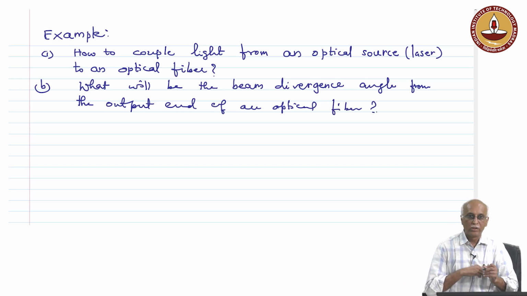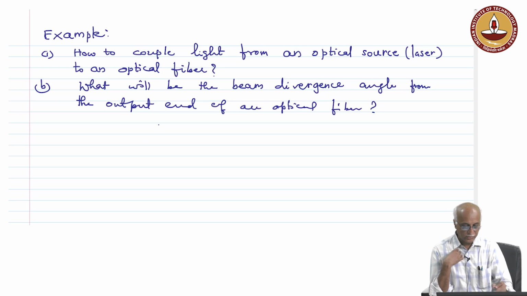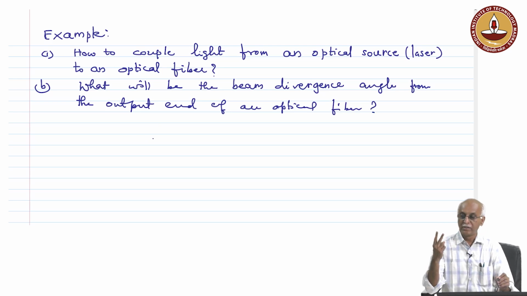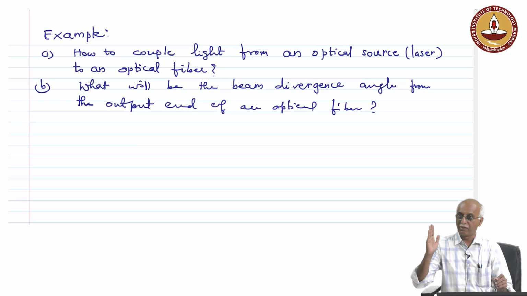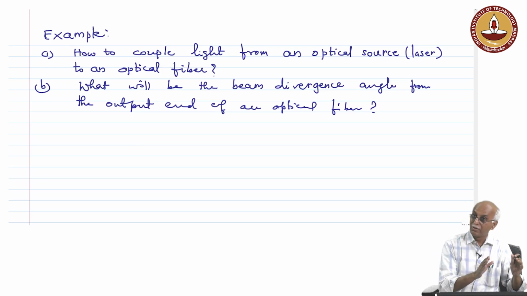Can you imagine? If it is an optical fiber, what we have learned is that there are different types of optical fibers. Single mode optical fiber, wherein only one mode gets coupled, means we can couple multiple different wavelengths.